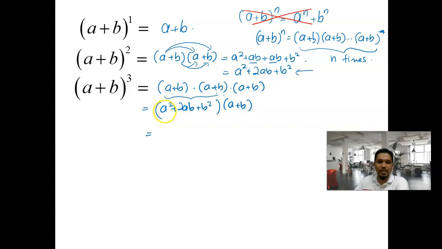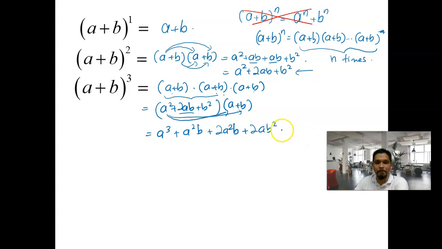So then look at this one now. A squared multiplied with a, a cubed. A squared times b, a squared b. Then it's the turn for 2ab multiplied with a, 2a squared b, and then 2ab multiplied with b, 2ab squared.